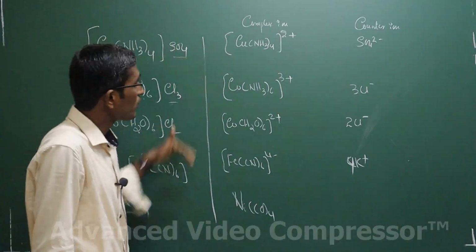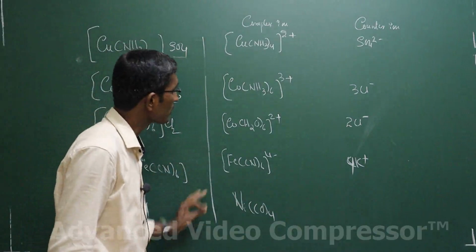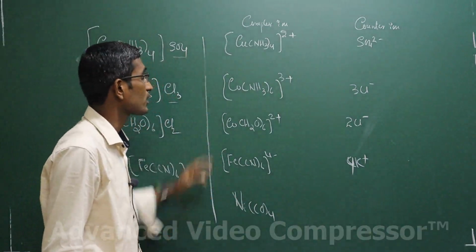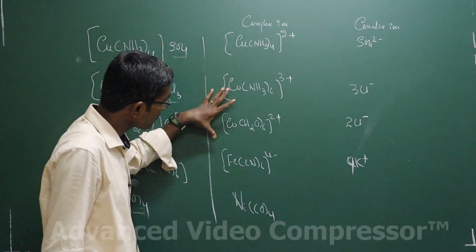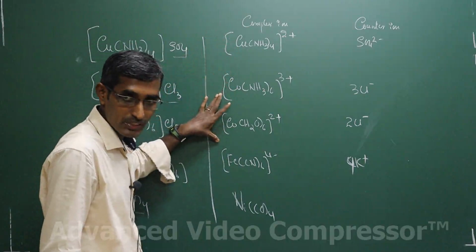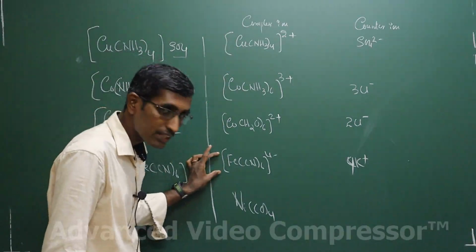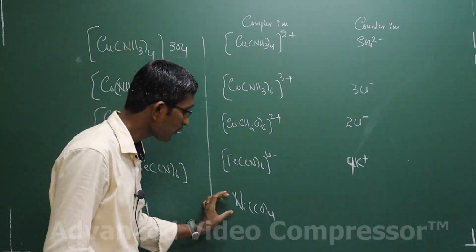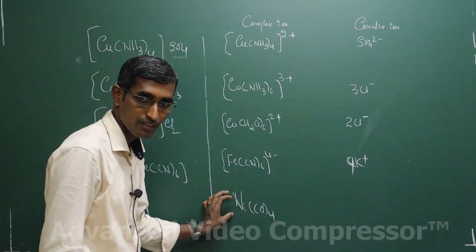So I'll just repeat, students. If you look at the complex ion, we came to know that there are 3 types of complex ion. You can have a positively charged complex ion, you can have a negatively charged complex ion, or you can have even a neutral complex ion.